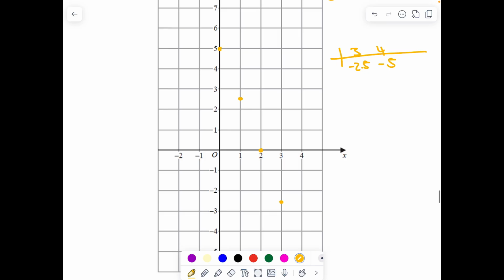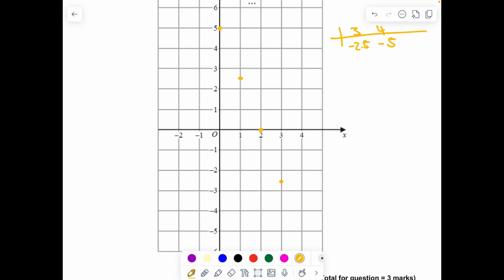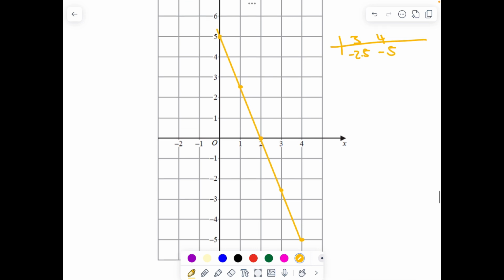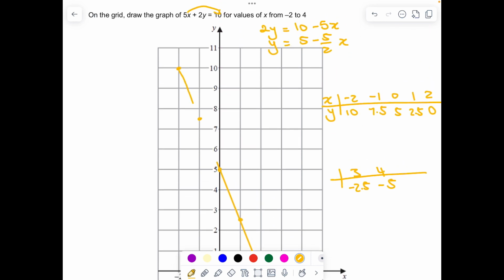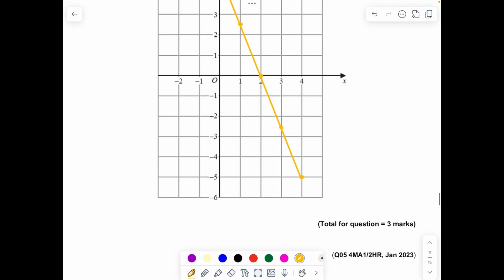And 4, minus 5. And draw a straight line going through those points. Sorry, I'll have to move up. Okay, and that's it.